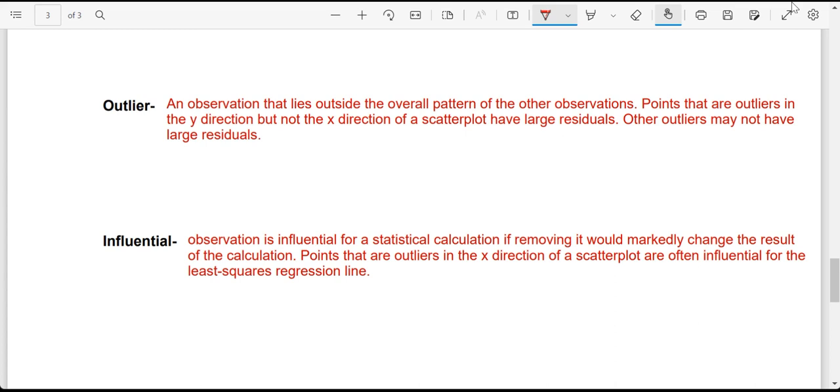An observation is influential for a statistical calculation if removing it would markedly change the result of the calculation. Points that are outliers in the x direction of the scatter plot are often influential for the least squares regression line. So if you remove one value and it changes your data drastically, that would be influential.